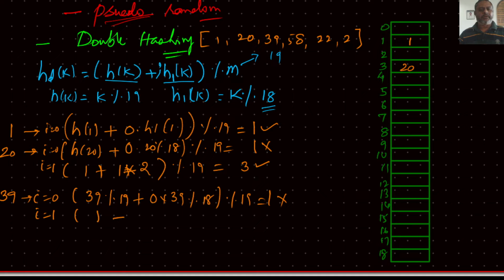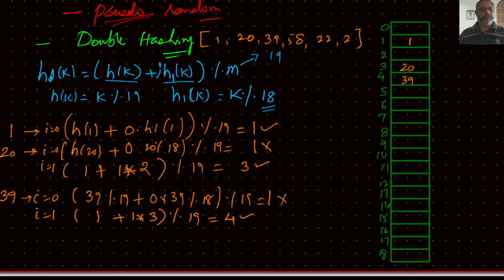Then this will be 1 plus 1 times 39 mod 18. 18 2s are 36. So we are left with 3. So 3 mod 19. So 1 plus 3 is 4. So 4 is available. So 39 occupies location 4.